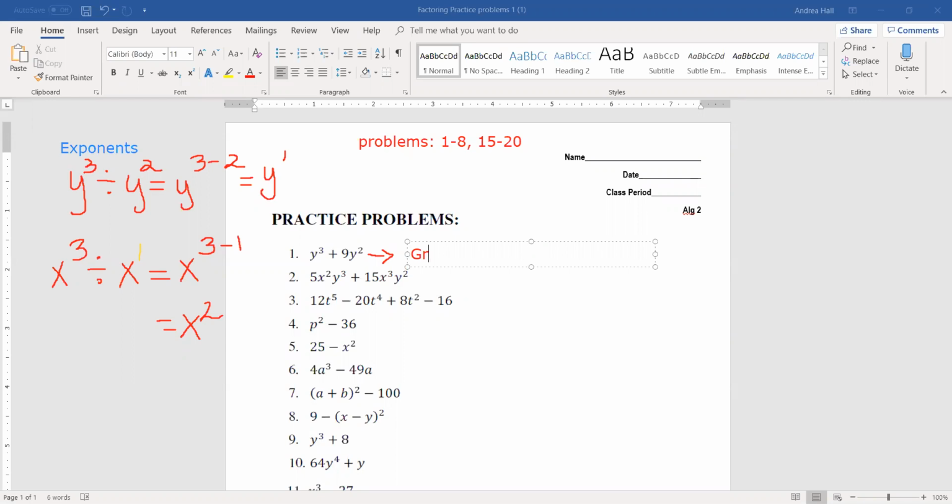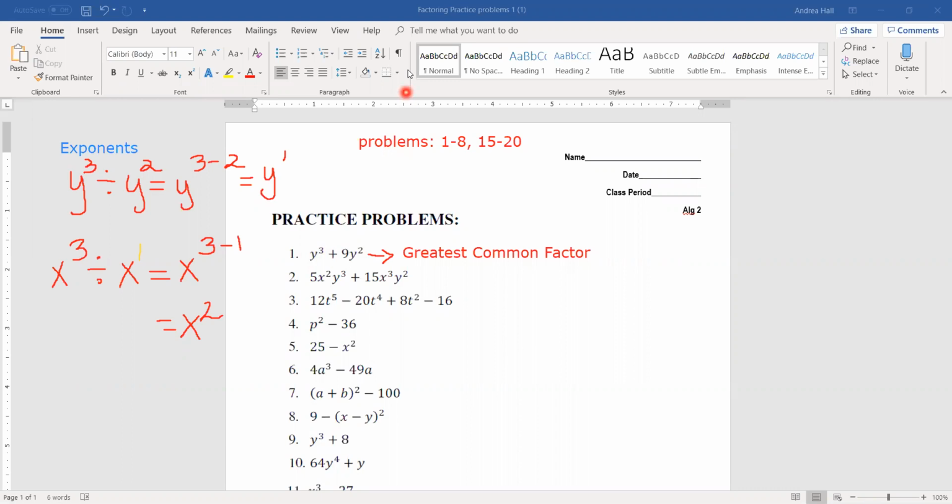Number 1 is greatest common factor. That is a factoring tip that you're going to use when you are doing number 1. So what I'm going to do is ask, what do y cubed and 9y squared have in common? Well, first let's look at the coefficients.